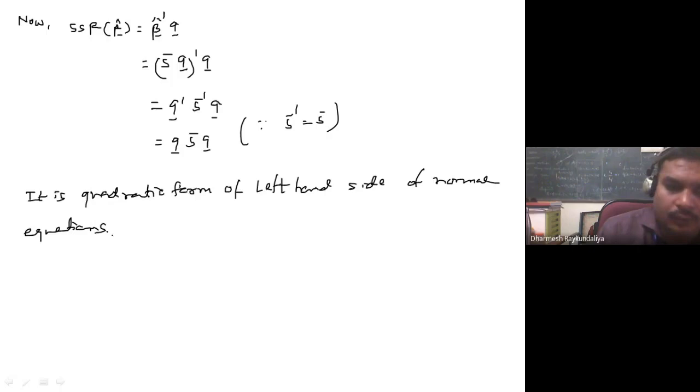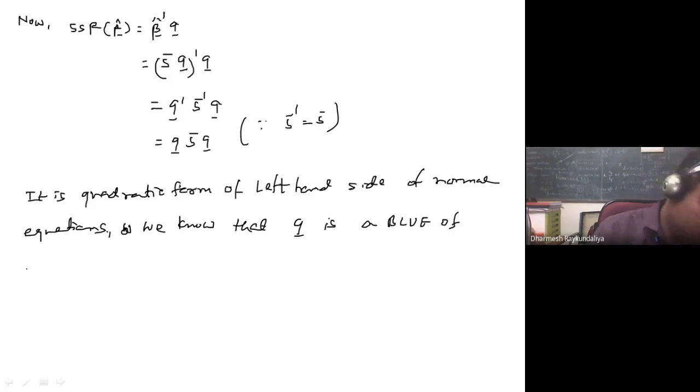Left-hand side of a normal equation. We know that Q is a BLUE of X'Xβ. Why?